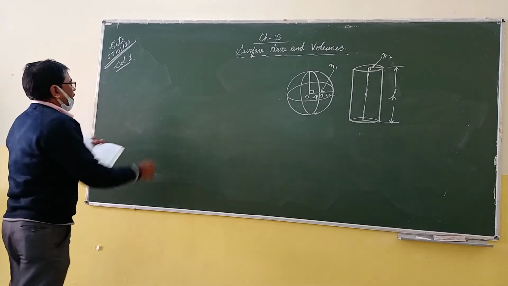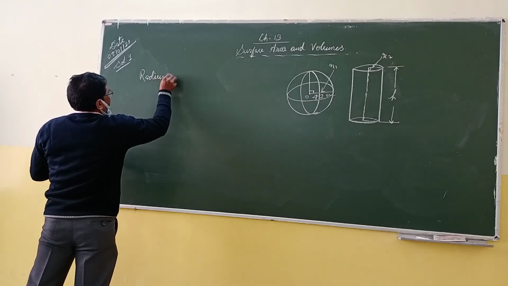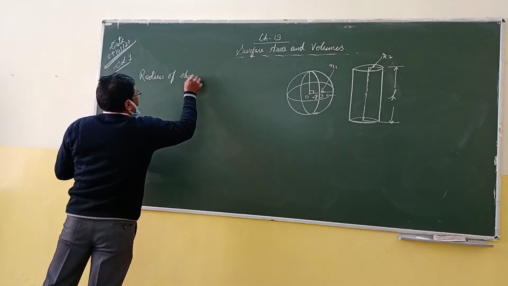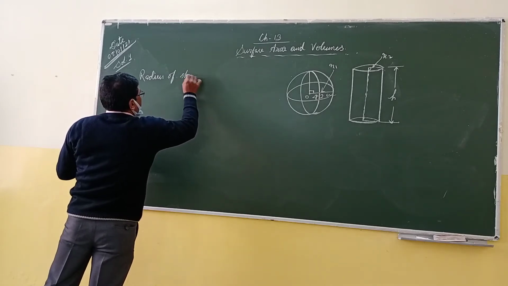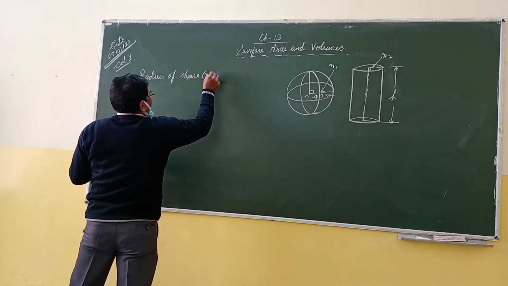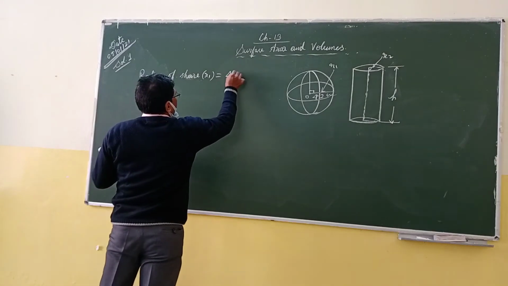The radius of sphere, that is R1, is given here 4.2 centimeter.